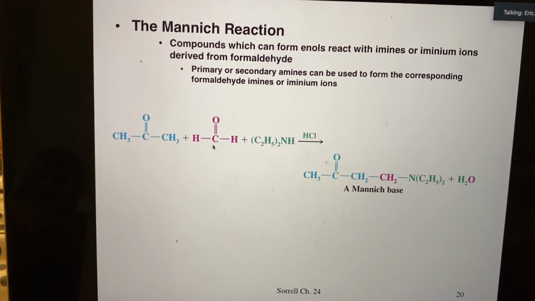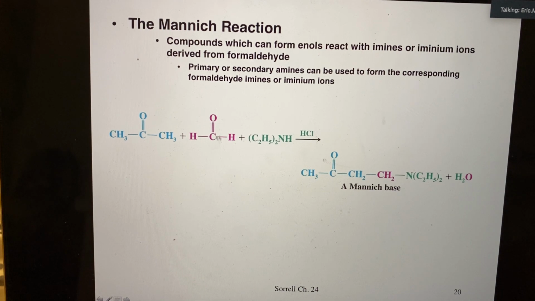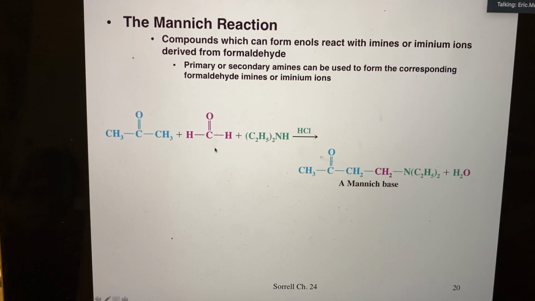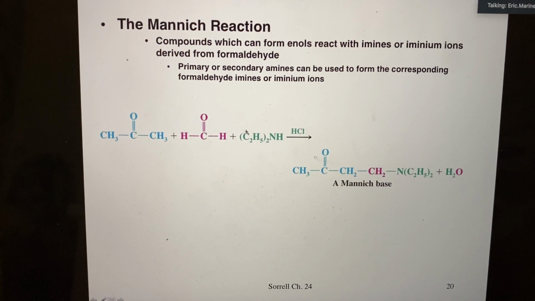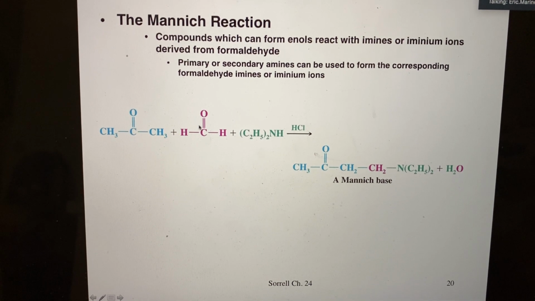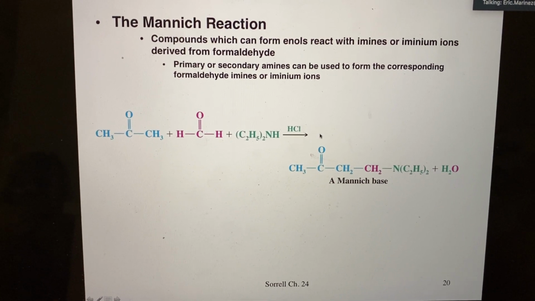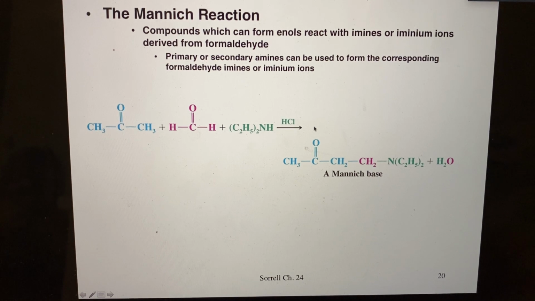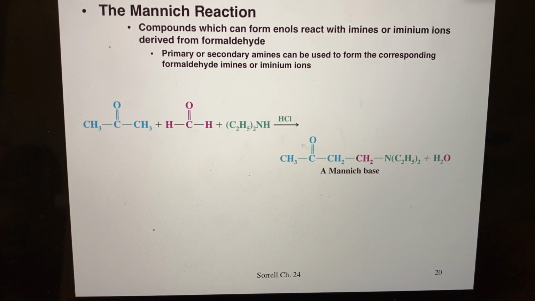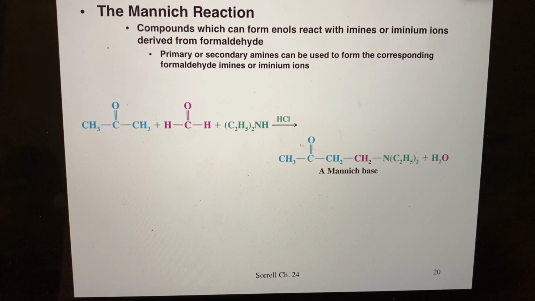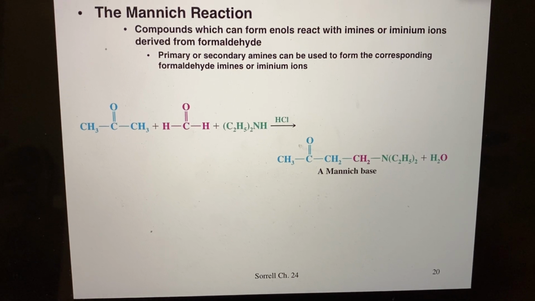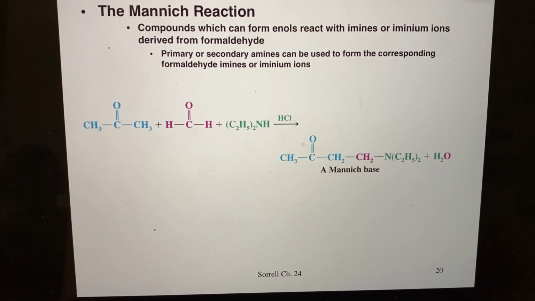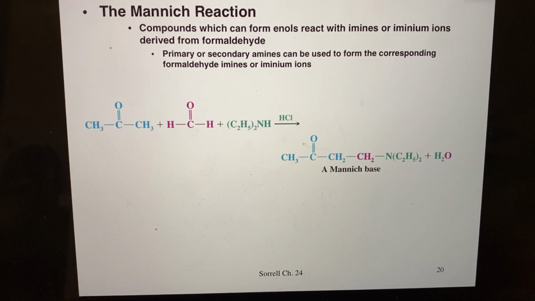Okay? So what do you know from what Dr. Schwann's taught you? How do amines react with aldehydes in the presence of HCl? What's formed? An iminium ion. And recognize iminium ions from the context I shared with you yesterday. Are they nucleophiles or electrophiles?